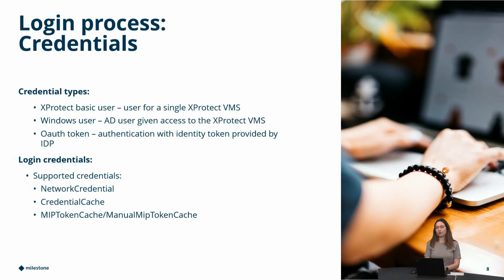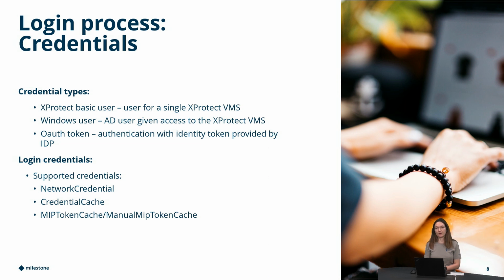Before we go more into how we use the environments and how you should use them to log in to your application, I want to cover some common terms which are relevant for all the environments during the login process. First of all, there are 3 different credential types supported in the SDK.